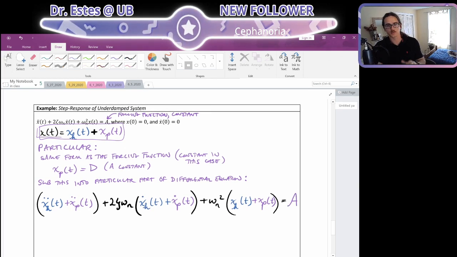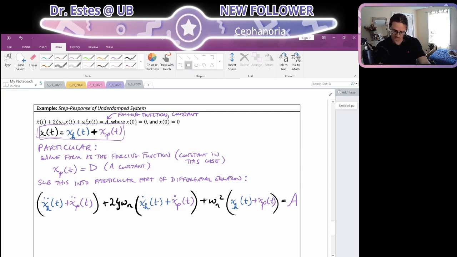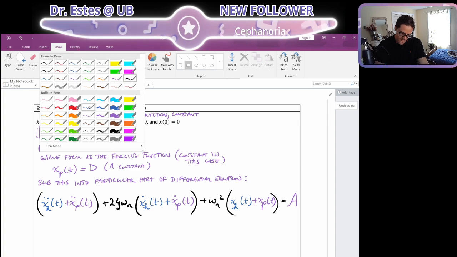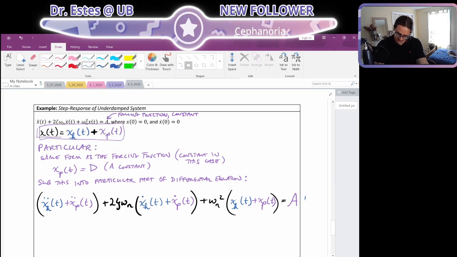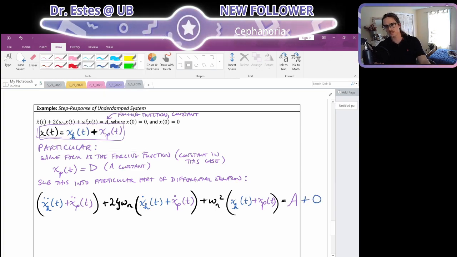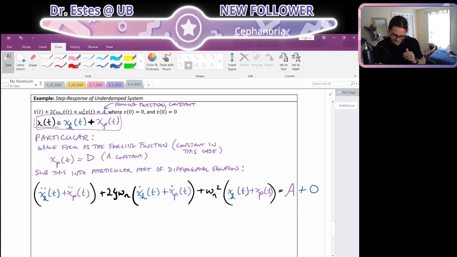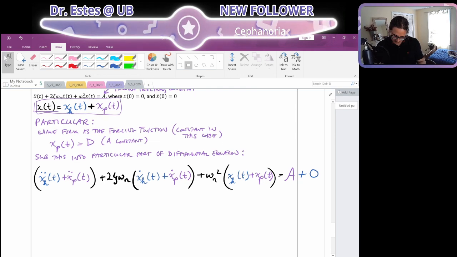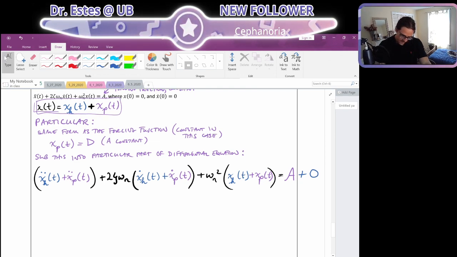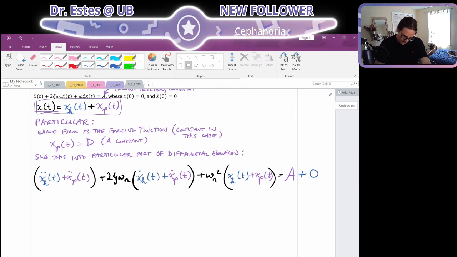So I'm going to put this forcing function A in purple because it belongs to the particular part of the differential equation. And then I'm going to put a plus 0. All right.